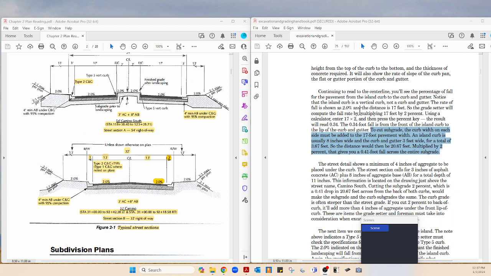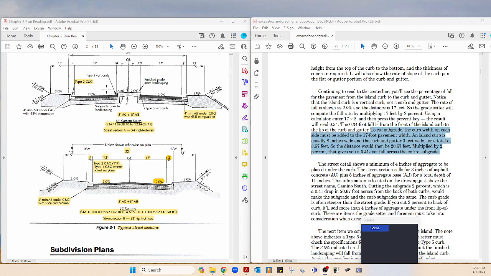So up here, it just tells us that we've got to go all the way to the back of the curve with the base, and the same thing over here, all the way to the back of the curve to the base. Now, look at the asphalt. It goes from the lip to the face, in this case, of a vertical curve.